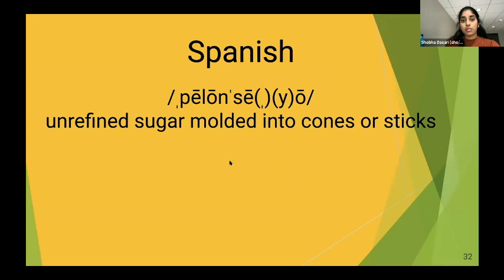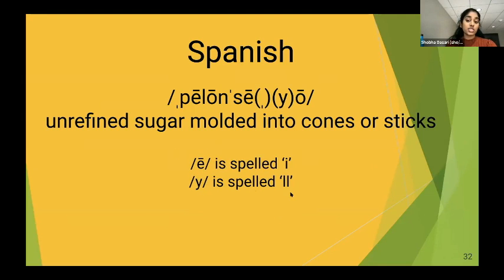Okay, so language pattern hints is that the E sound is spelled with an I, so P would be spelled P-I. The ya sound is spelled with an LL, so for the CO, spelled with an LL. And so the correct spelling we get here is piloncillo.